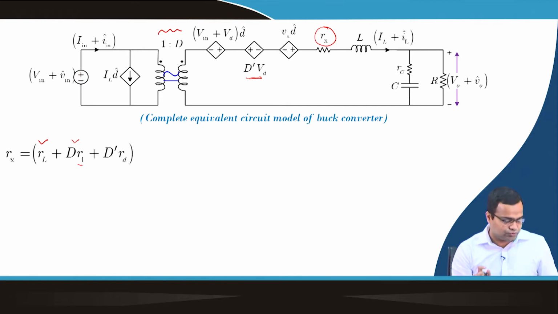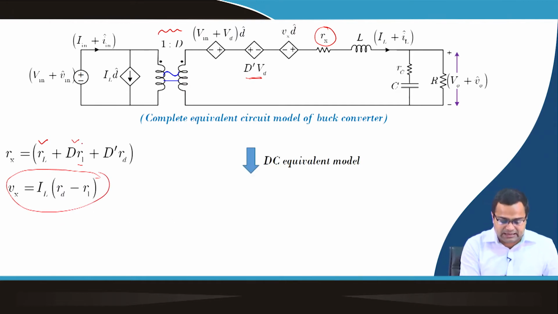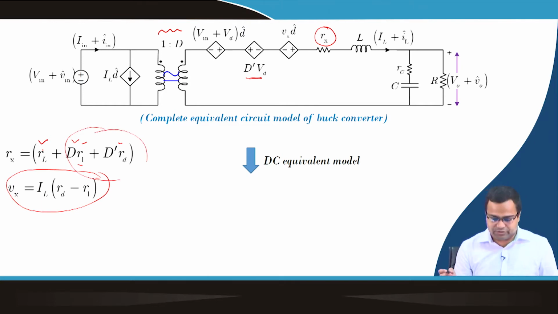So, this is a more generic model which can be used to derive the model for the synchronous buck converter, where Vx is RD minus R1. If these two are identical, this term becomes 0, and this term will also become R1, which is equal to RD. So, it is RL plus R1.